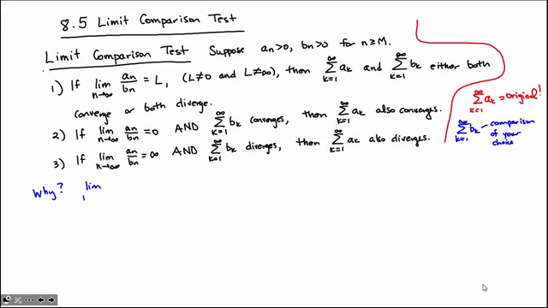Now, if we have the limit as n goes to infinity of a_n over b_n giving us L, that implies that for large n, so think of n being greater than or equal to some large N, then a_n over b_n is approximately L. Or a_n is approximately L times b_n.